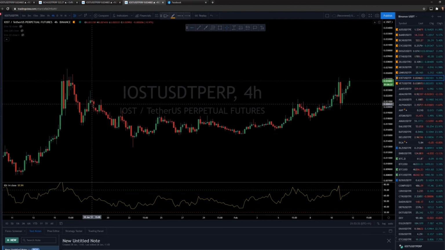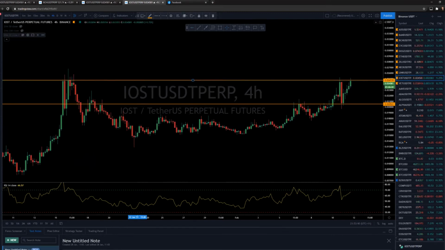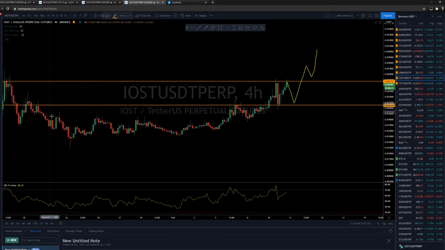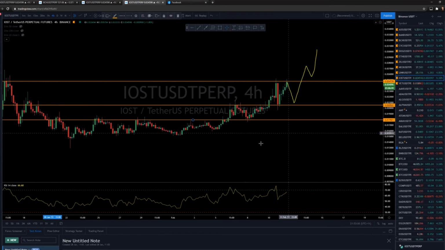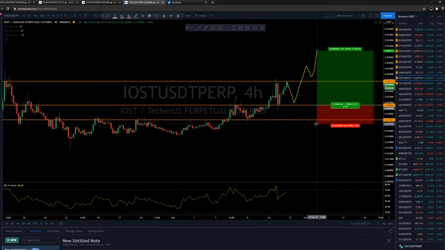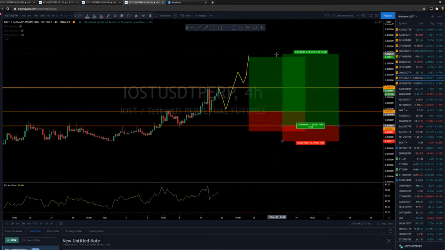So if I have an area like this where I think there's a resistance, and it's in between support, and I feel like it could be coming down to there and doing this, or I think it could be coming down to the next area of support, and I just don't know, I might have a stagger in here, like so, and I might have another entry over here, like this.